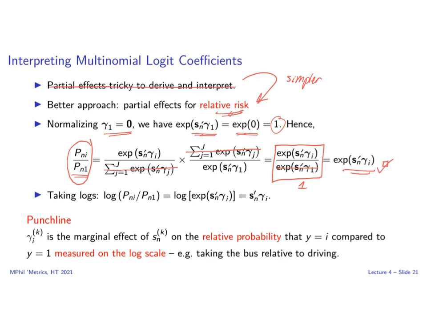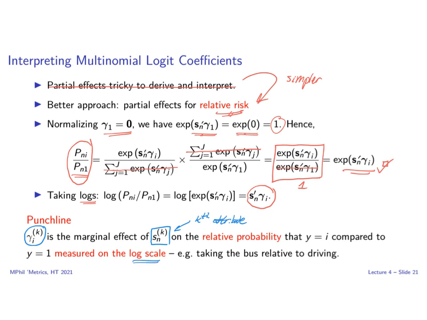Now, taking logs, it follows that the log of the ratio of choice probabilities, which is equal now to the log of e to the Sn prime gamma i, is simply equal to Sn prime gamma i. Therefore, the coefficient gamma ik is the marginal effect of the kth attribute on the relative probability that Alice chooses alternative i compared to alternative 1, measured on the log scale.